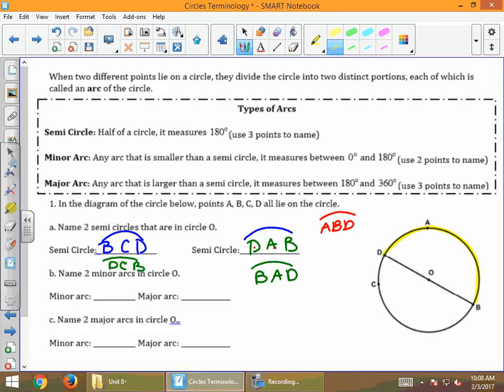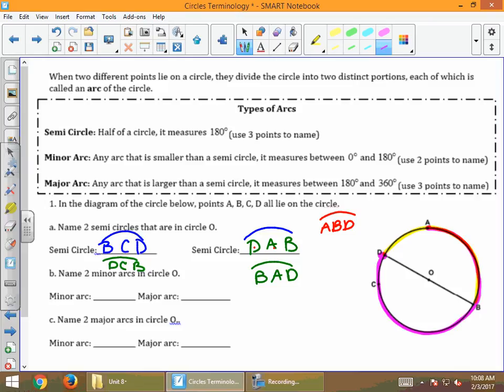Let's highlight this one. A to B to D. Are those the same exact arc? No, they're the same letters, but because their order is different on how you wrote them, that changes what the arc is. You have to go in order.